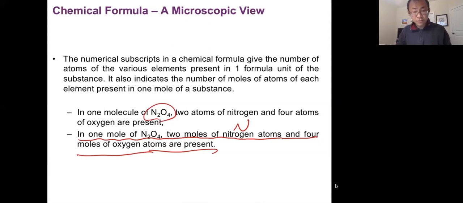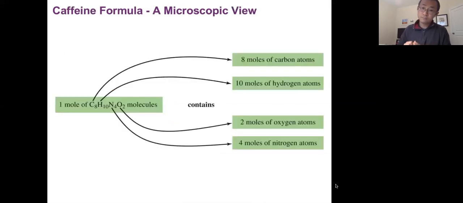So here is the idea. The subscripts, again, tell you the number of atoms for each single molecule. They also tell you the number of moles for 1 mole of molecule. For example, this is the caffeine formula, C8H10N4O2.